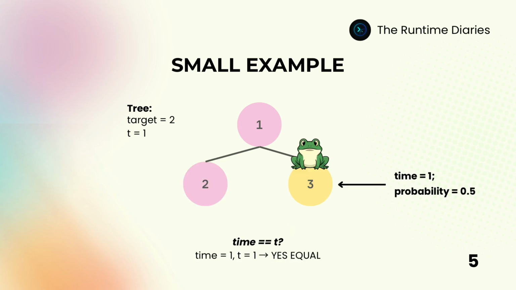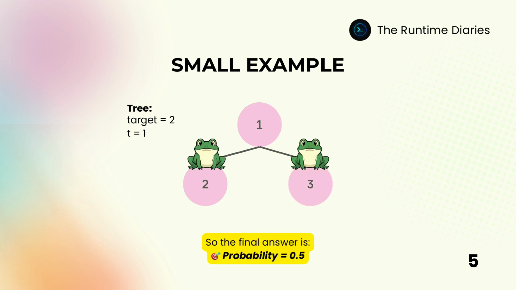The frog stays there. So if the target is 2 at t equals 1, the probability is 0.5. At t equals 2 or 3 or 100, it's still 0.5. This tiny example contains the core idea of the entire problem.